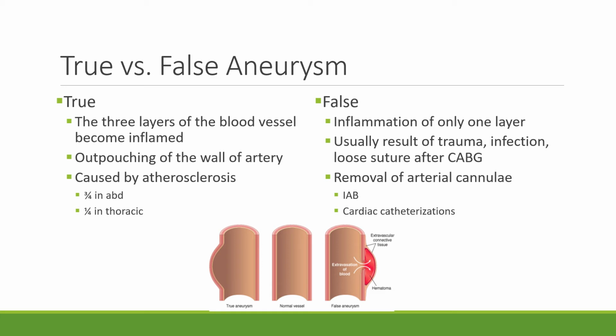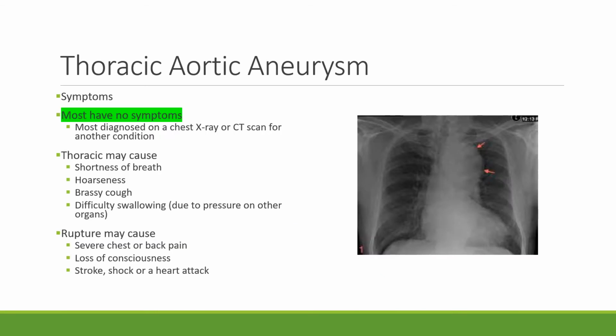For those true aneurysms, 3/4 of them occur in the abdominal aorta and only 1/4 in the thoracic aorta. And most of the abdominal aortic aneurysms occur below the renal arteries. Thoracic aortic aneurysms are often asymptomatic.